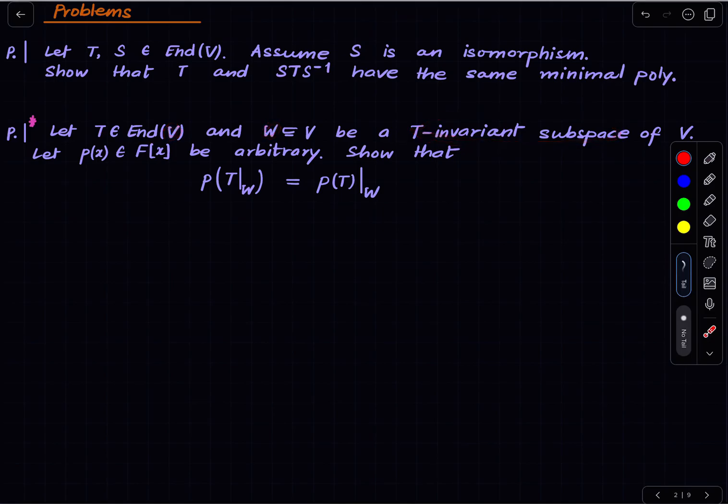Then we get an endomorphism on W. This is the restriction of T to W. So this is the map which takes W to T of W. And all we are saying is that for any polynomial p(x) over the base field, the endomorphism p of the restriction of T to W is the same as the restriction to W of the endomorphism p(T), which is an endomorphism on V. You restrict it to W, you get the corresponding endomorphism on W when you feed the restriction of T to W to p, the same as when you restrict what you get when you feed T to p.